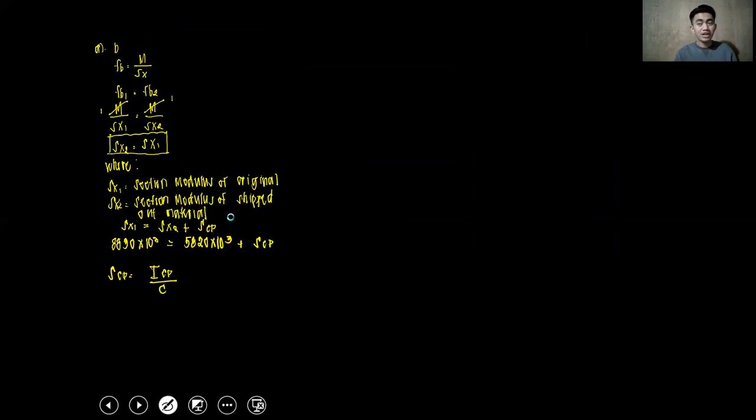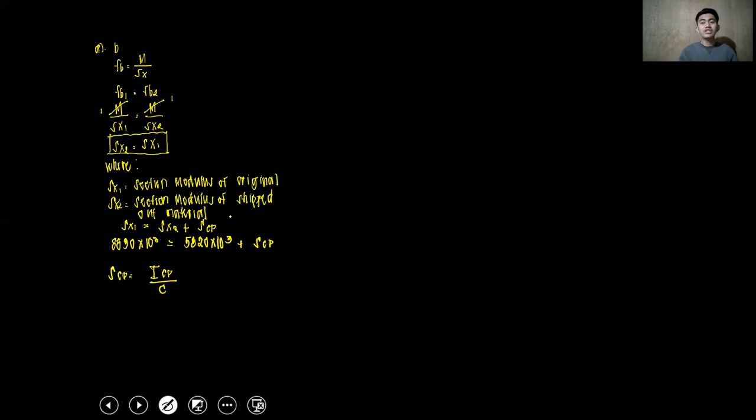As I was saying earlier, there is no definite way for you to determine the base. You must be able to relate the moment of inertia of the cover plates, because that is where the value of B comes from. So observe, I got the section modulus of the cover plate. What is the equation for section modulus?